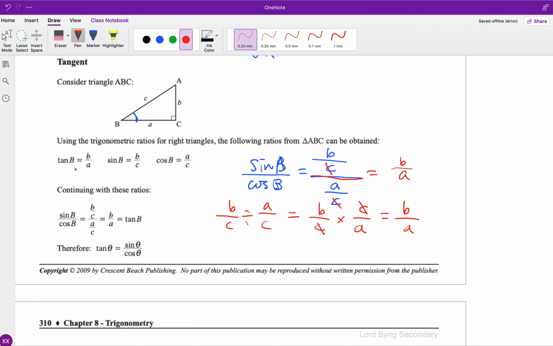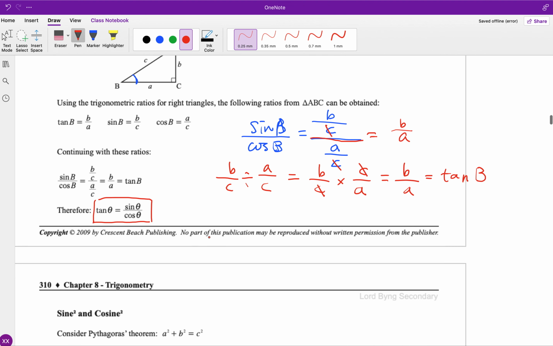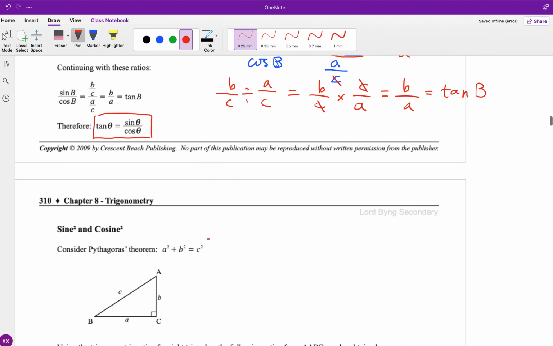It is tangent B. So this equals tangent B. Another relationship, therefore, is that the tangent of an angle is the sine of this angle over the cosine of this angle. These are just the two ratios organized in this way, and it becomes the ratio for the tangent of that angle.